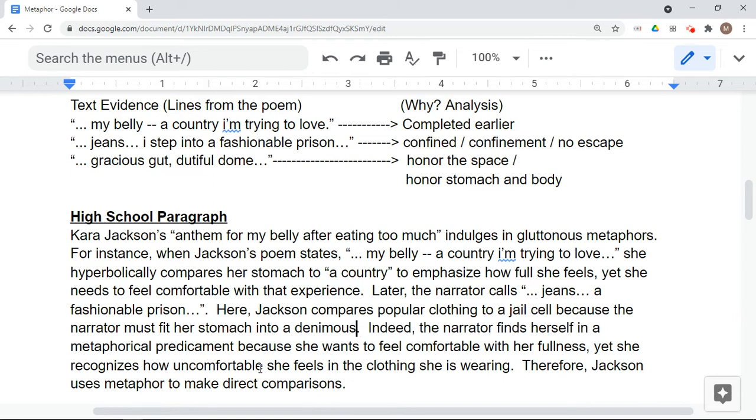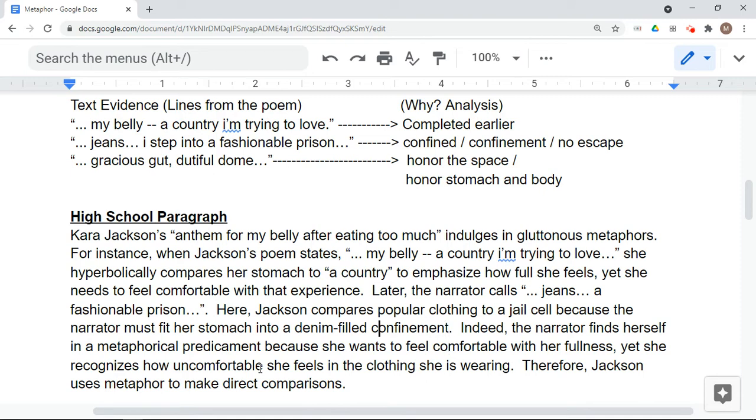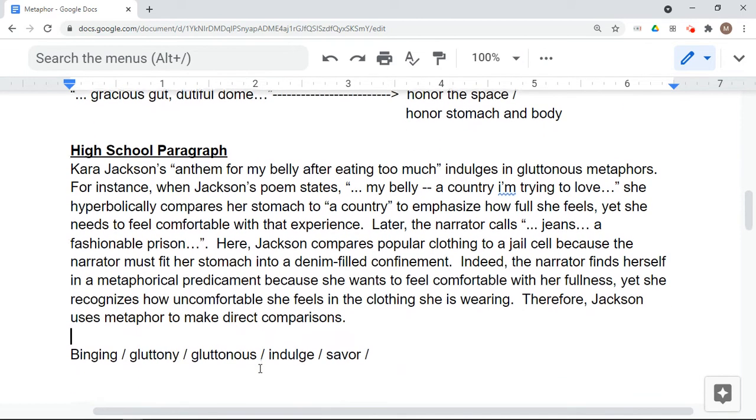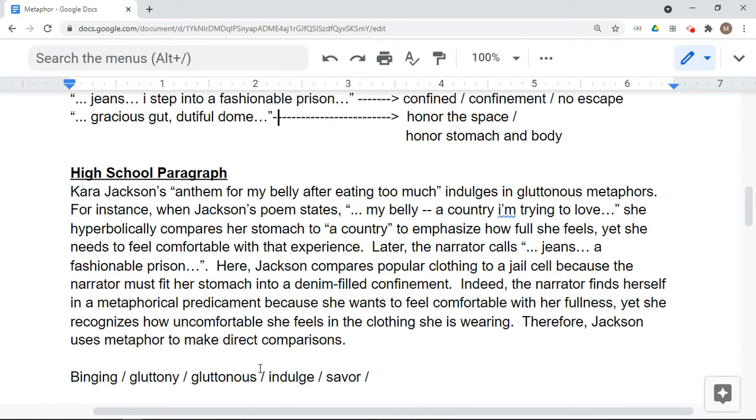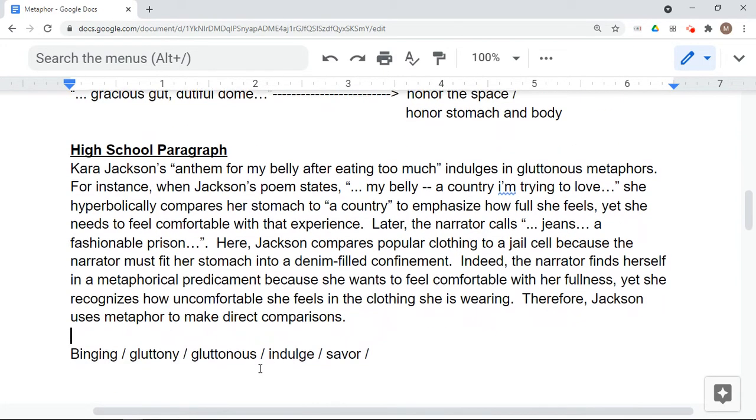Into a denimus, let's go with denim-filled. Compares popular clothing to a jail cell because the narrator must fit her stomach into a denim-filled confinement.